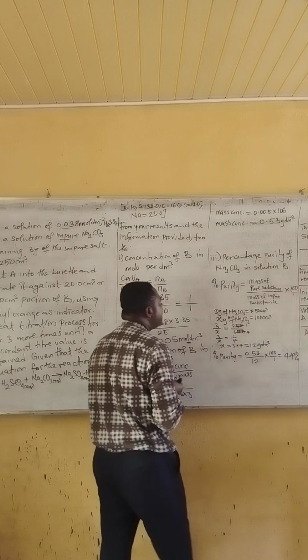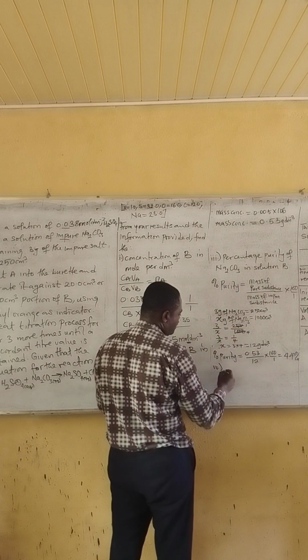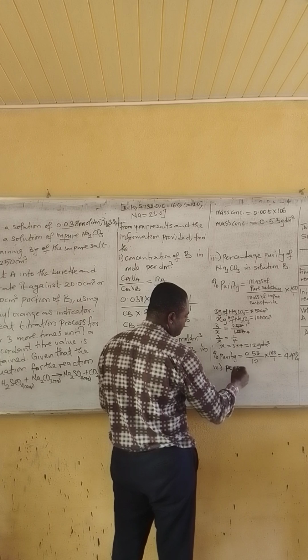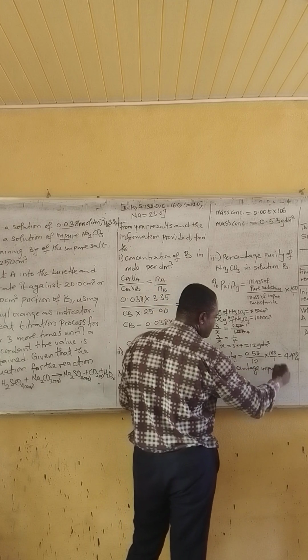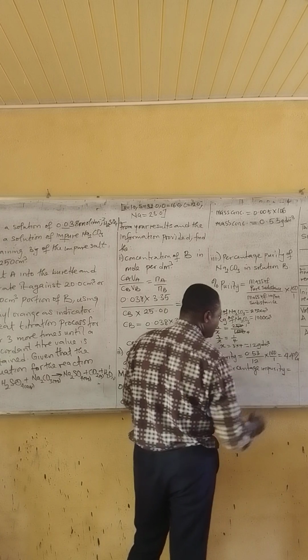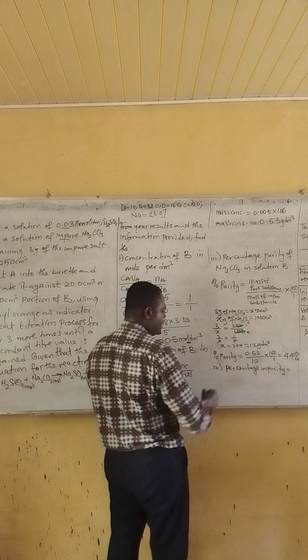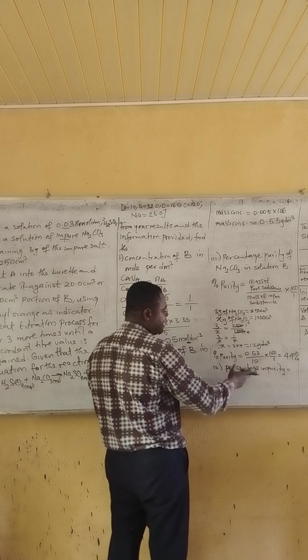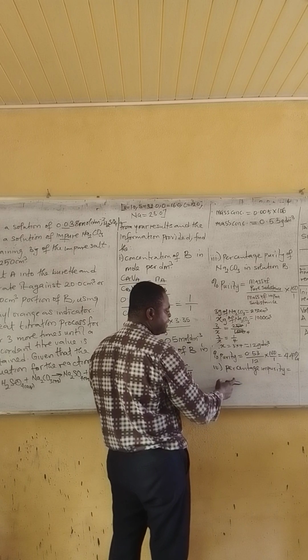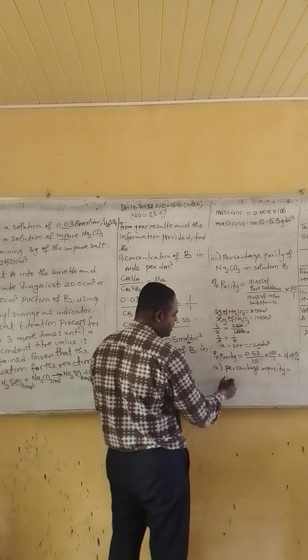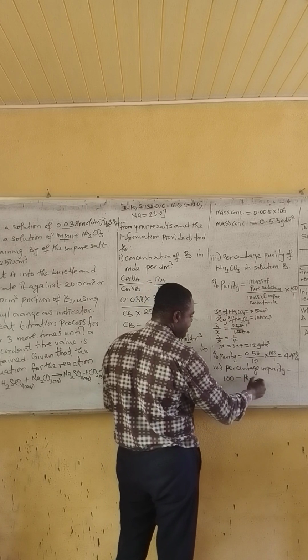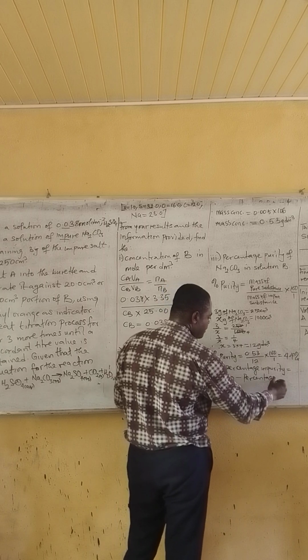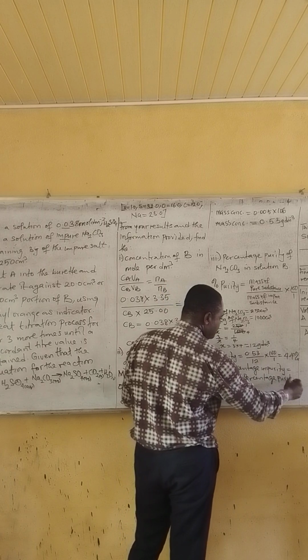So if they now ask you to calculate percentage impurity, you can do this one in 2 ways. You can use the formula percentage impurity equals 100 minus percentage purity.